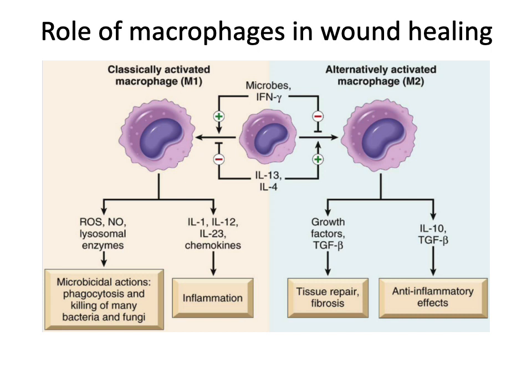Whereas the classical pathway is mediated by interferon gamma, the alternative pathway is activated by IL-4 and IL-13. So IL-4 and IL-13 are anti-inflammatory cytokines, and they lead to the secretion of growth factors which facilitate tissue repair and fibrosis.